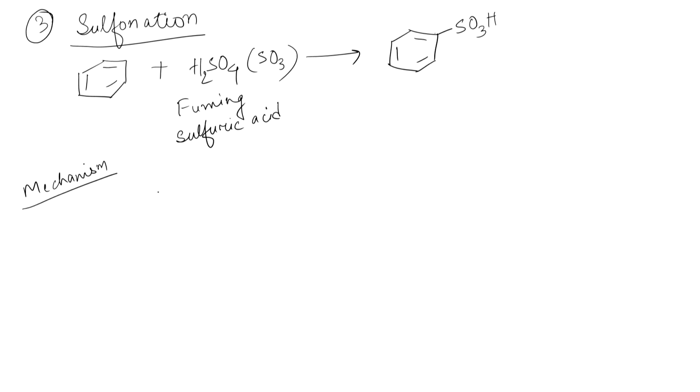We have SO3, and we have sulfuric acid. Sulfur does not have any lone pair here. One S=O bond breaks. There was a double bond between sulfur and oxygen, right? So, one double bond breaks and this electron is donated to the hydrogen.